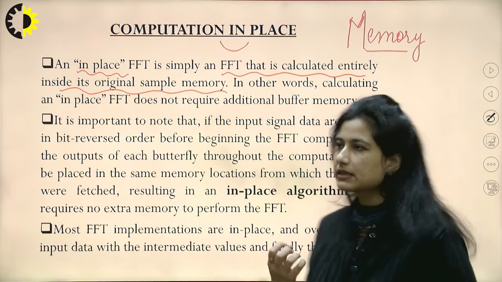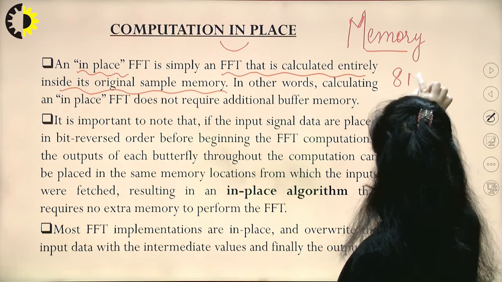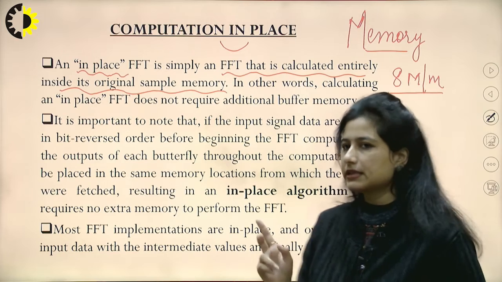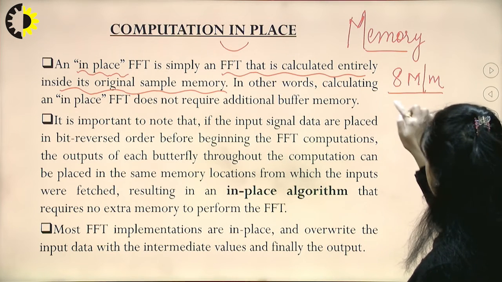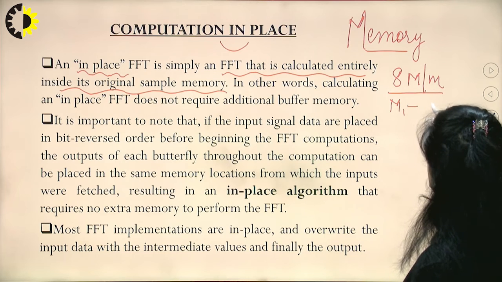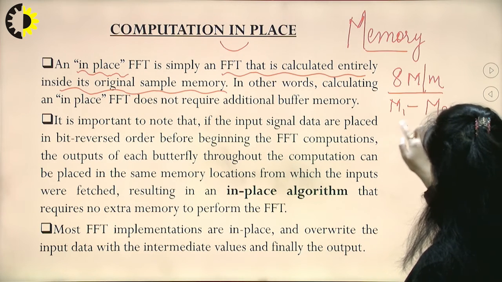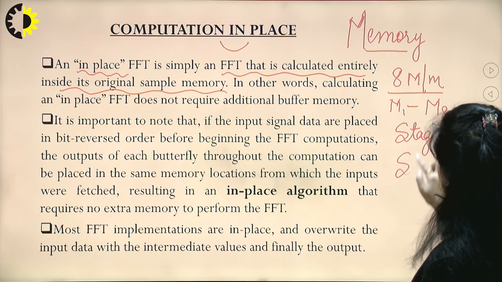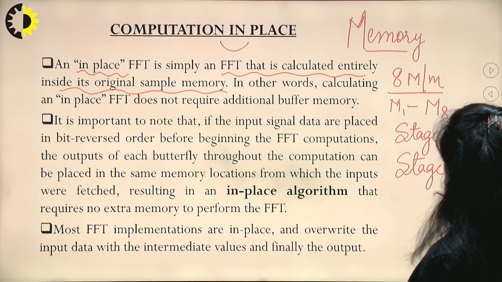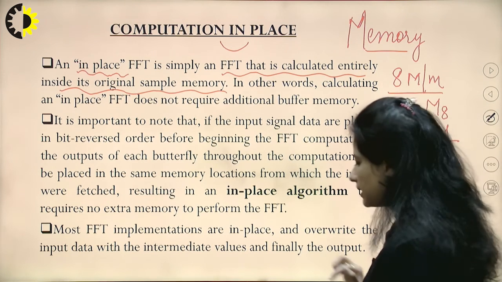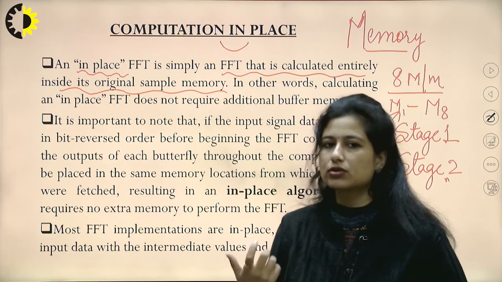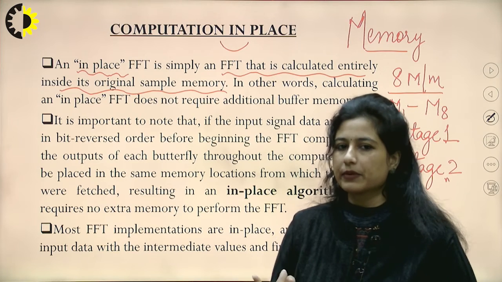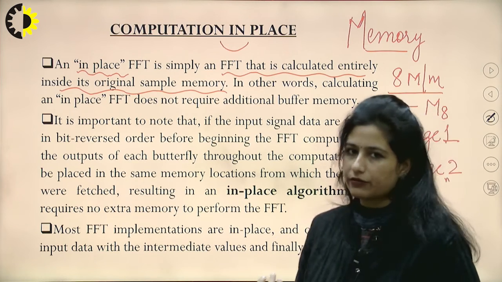If I have taken say 8 memory slots, then these 8 memory slots would be repetitively used in every stage. That means if I am using these 8 memory blocks M1 to M8 for calculating the values of stage 1, then the answers which I get for stage 2 would be overwritten into the same memory. So I do not require a new set of memory. I can overwrite my previous answers into the previous memory itself, and I do not lose any information.